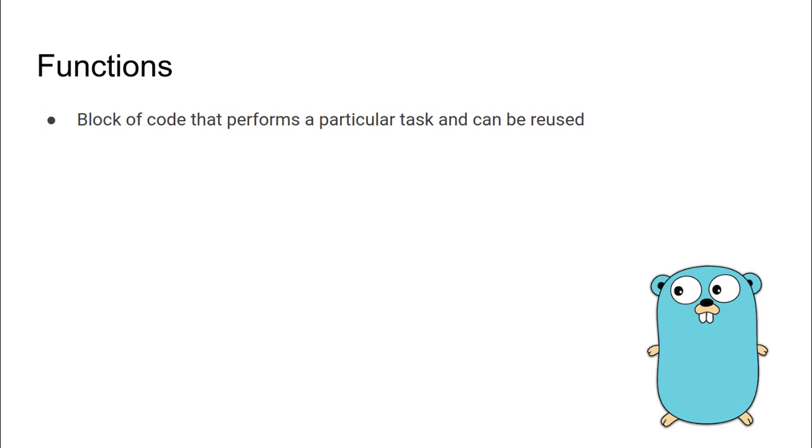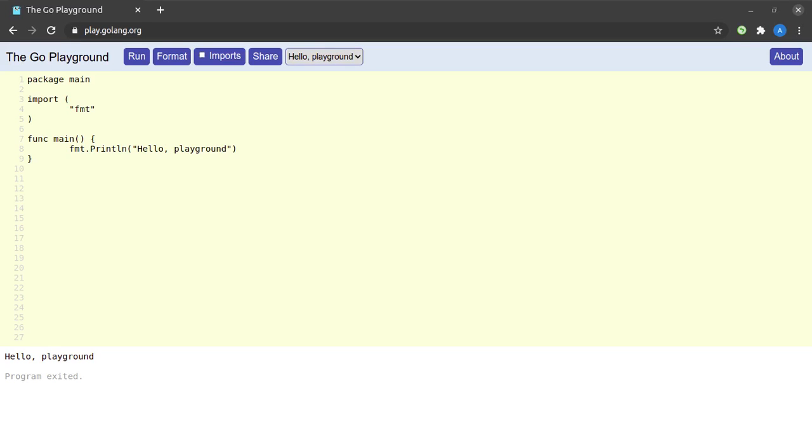Throughout this Go series, we have been making use of one very special function, which is called the main function. So let us now quickly head over to the playground and analyze the main function. Here we see a very simple function called main, declared within the main package.